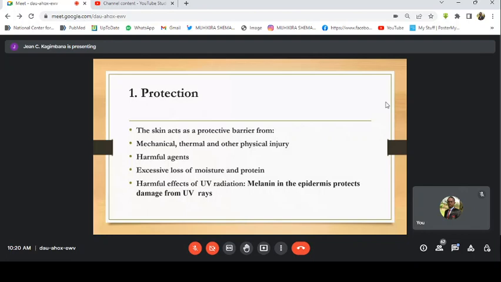And atopic patients are those people who may present asthma, allergic rhinitis, allergic conjunctivitis, and asthma, of course. And it protects from UVA radiation. And the role, as you have seen above, is played by melanin, which is seen in the epidermis. Okay?